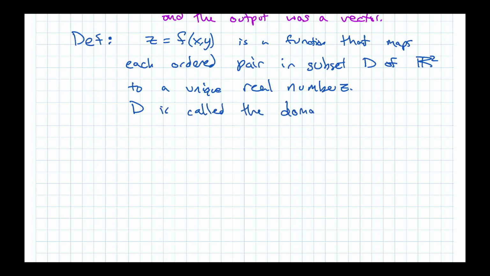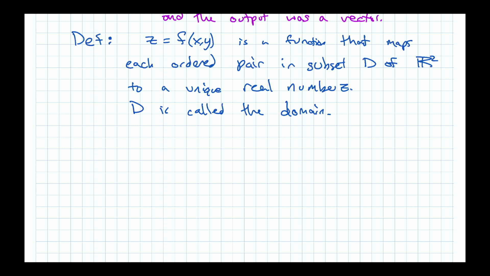That should make sense to you, because you're plugging in the x y, each ordered pair in a subset D. The ordered pairs are the x y's and they're in the subset D. So things that are in D are going in for x y. If that's the input to the function, then that's what a domain is. So D is called the domain of the function.